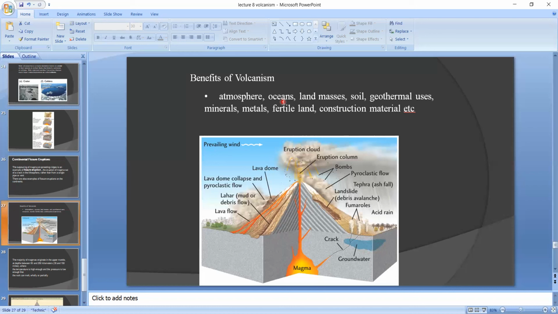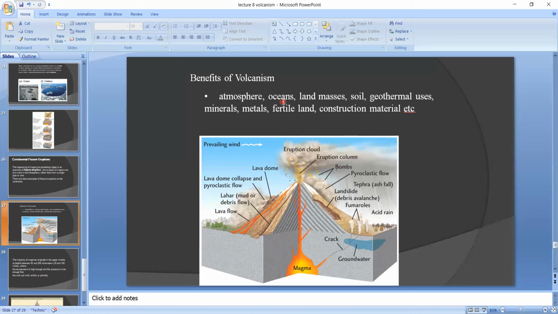Because when you learn the composition of lava, you will be surprised to know that lava contains a lot of water vapor and water. So this water then formed the ocean in ancient times. And obviously atmosphere, like you have nitrogen in the atmosphere, and you have a certain composition of carbon dioxide. So all this comes from volcanoes.